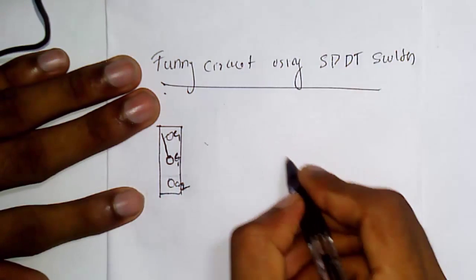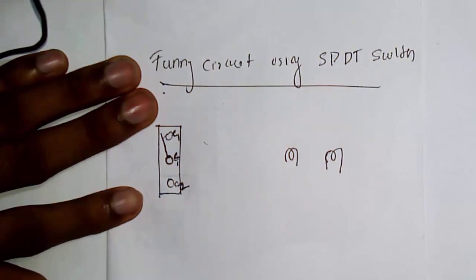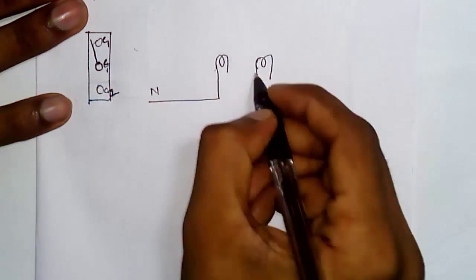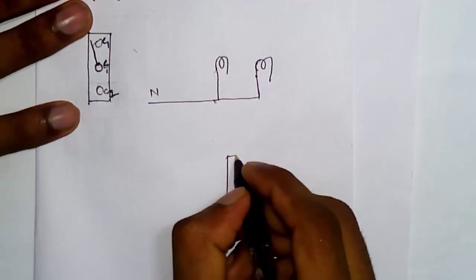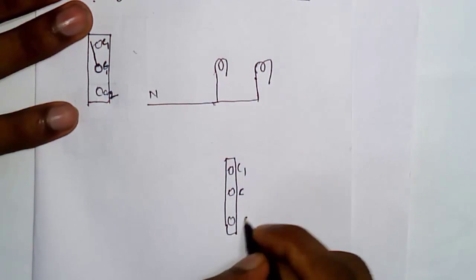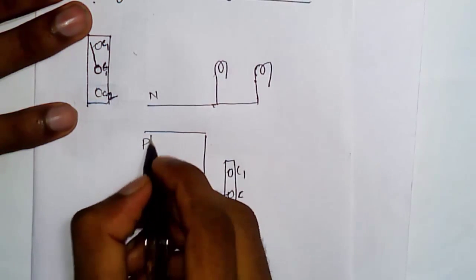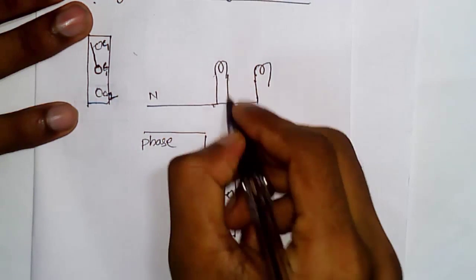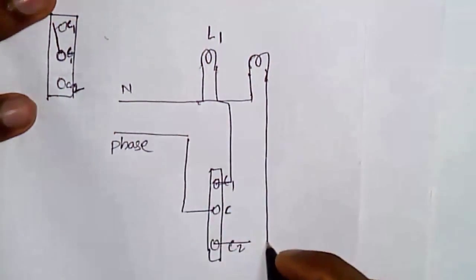Now consider a two-bulb lamp circuit in which both lamps are connected to neutral, and we have an SPDT switch here. Suppose this is an SPDT switch with the positions common, C1 and C2. The common line is connected to the phase, C1 is connected to lamp 1 and C2 is connected to lamp 2.